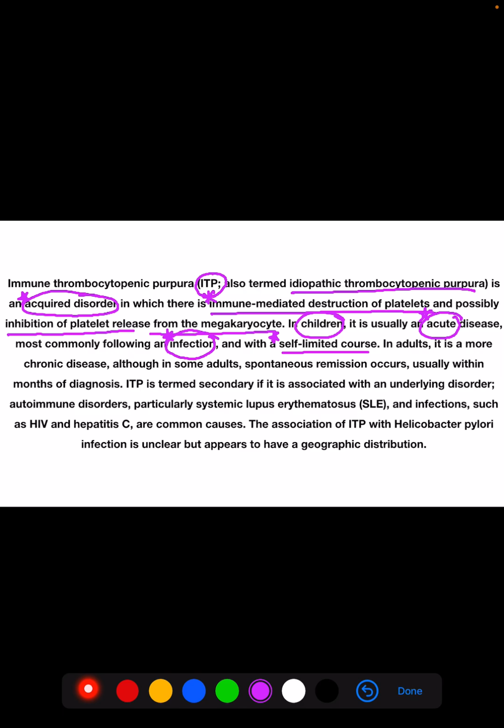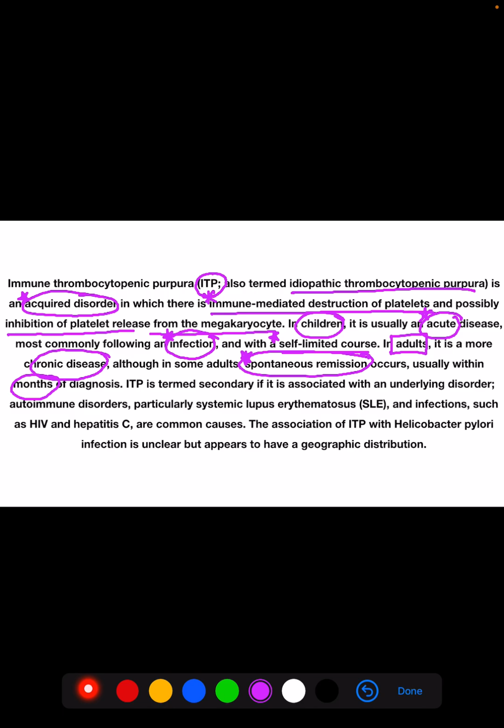If we take adults, in adults it is a chronic disease, but in few adults spontaneous remission occurs, usually within months of the diagnosis.